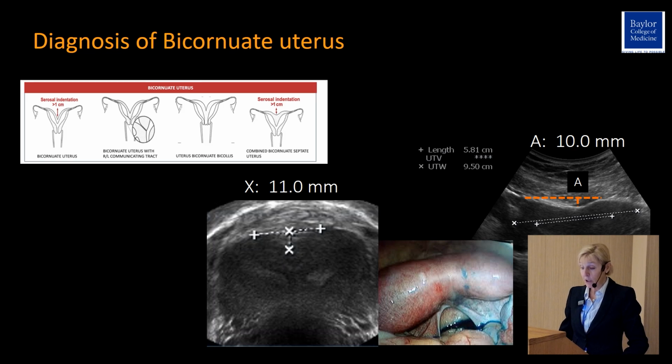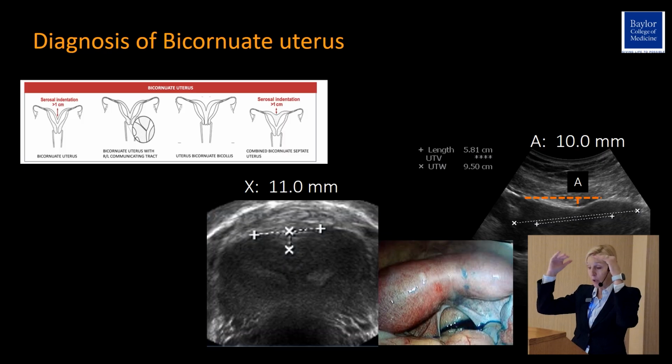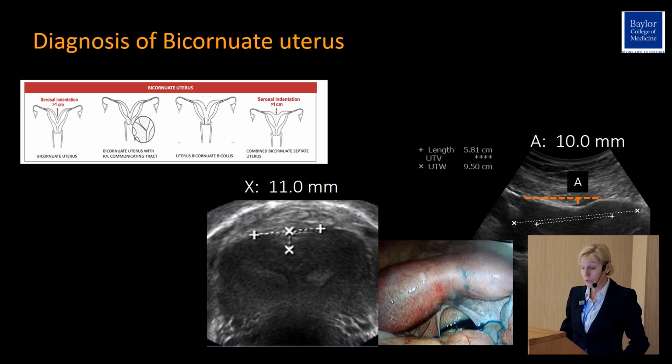And you can see it here how we typically diagnose it. So on your coronal view of the 3D of the uterus, you just trace this line that connects the top of the outer contour, and then I go straight in the middle and I measure that indentation inside that outer contour.